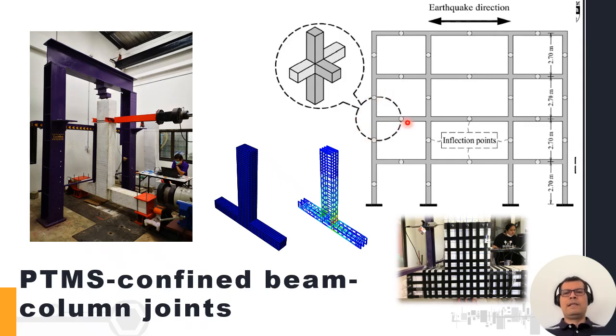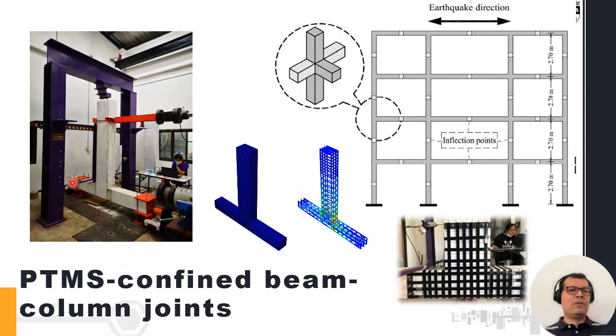These dots here are essentially the points where we idealized a zero moment point. So we can extract part of this building. Then if we ignore the stub beams at the sides of that beam column joint, we end up with a sort of T element that we can test more or less easily in our laboratories.